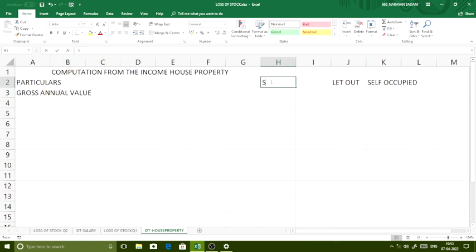So particulars: let out, and this is gross annual value. It is section 23, which discusses the gross annual value. And what is the GAV?